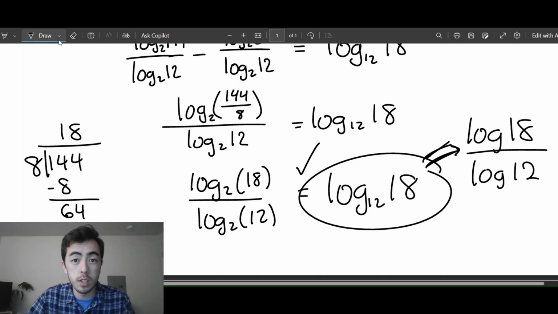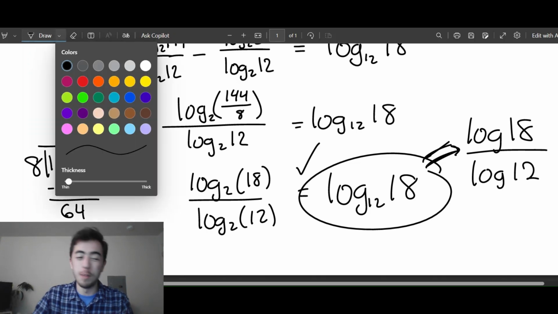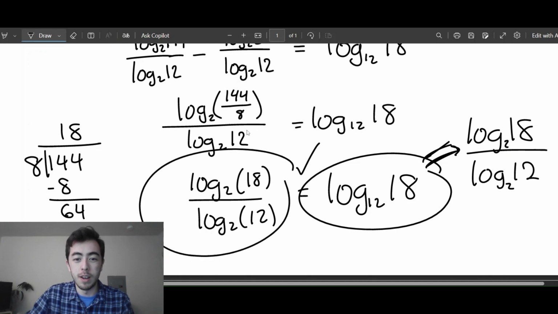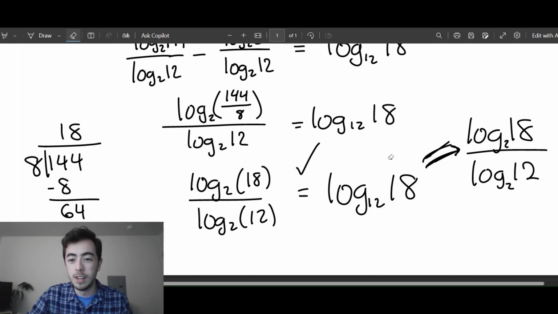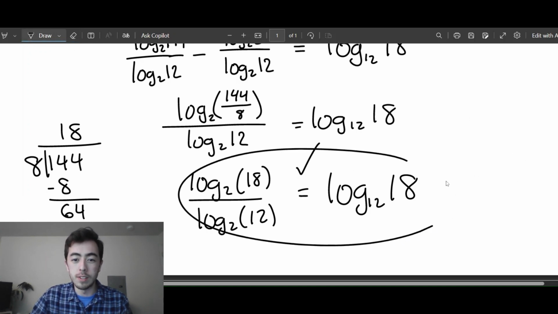And the cool thing about the change of base rule, kind of in the name there, you can change the base. The base could be whatever you want. This base could be 10. It could be 5. It could be e for the natural log. Here in particular, I want it to be 2 because then it matches my expression on the left side. So using what I know about the change of base rule, I know that this is equal.